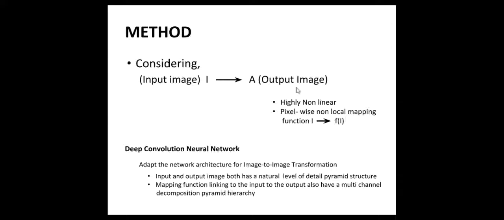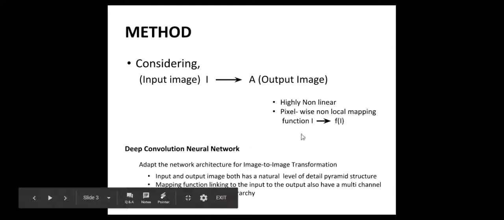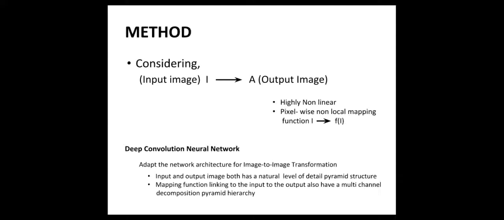So here, first let us consider the transformation of an input image to an output image, where it is a highly nonlinear and pixel-wise non-local mapping function I to Fi. A deep convolutional neural network is considered to be a general network for many mapping relations of this kind.